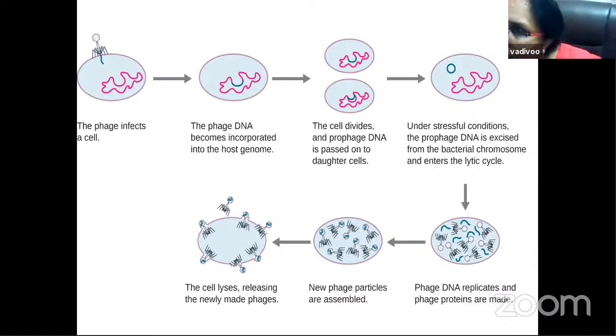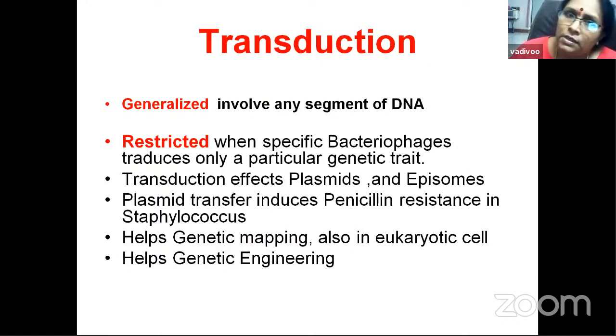The prophage DNA is separated and then further released by the lytic cycle. Transduction can also be generalized or restricted. Generalized transduction involves any segment of DNA, and restricted is when a specific bacteriophage transduces only a particular genetic trait.